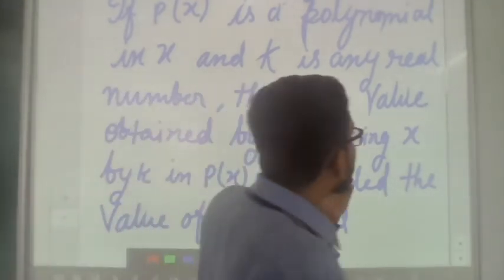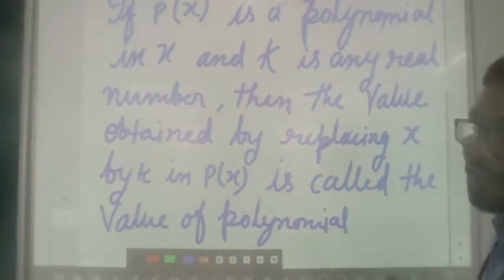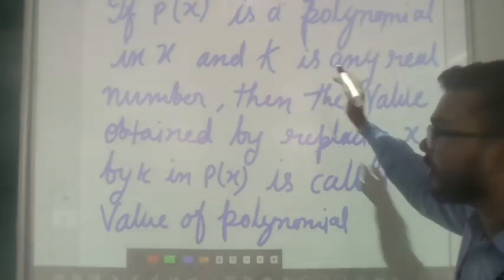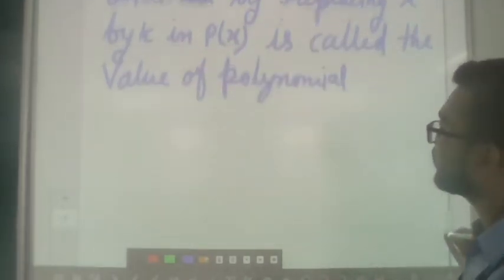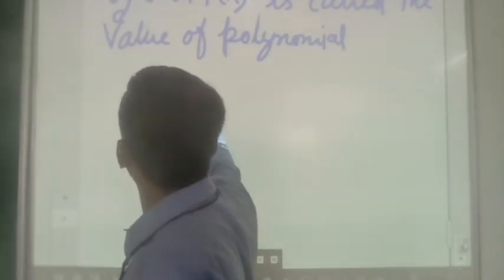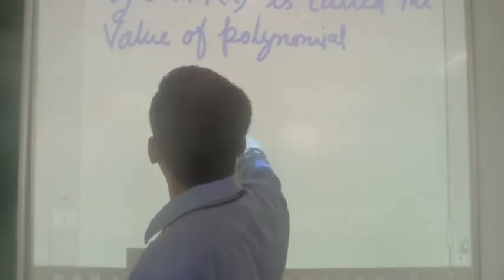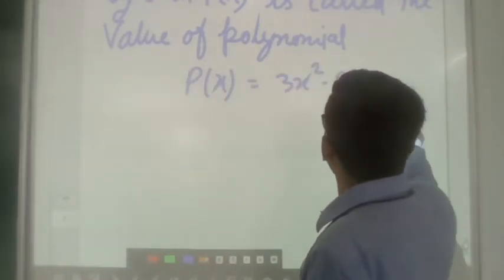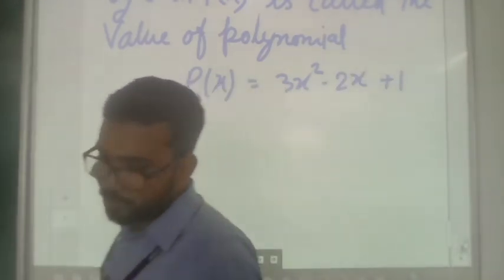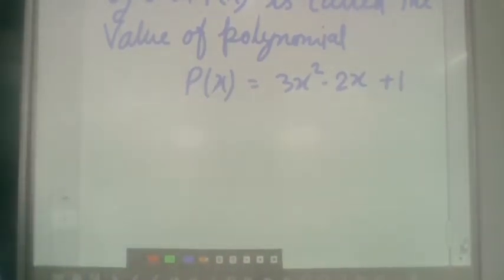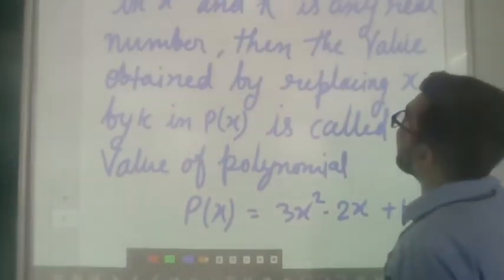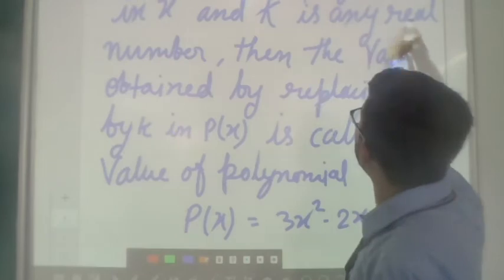Now try to understand this statement through an example. If we take any polynomial in variable x, suppose we take p(x) = 3x squared minus 2x plus 1. Suppose this is a polynomial, and k is any real number.